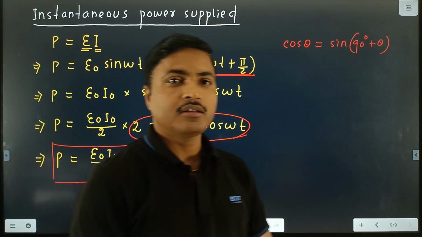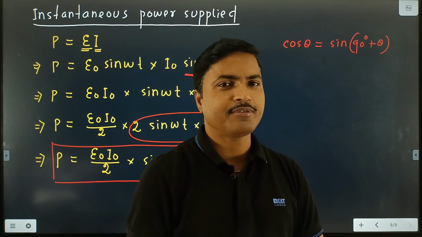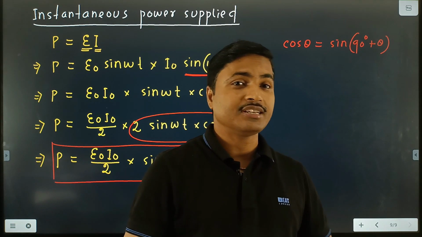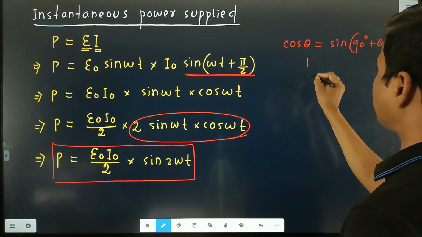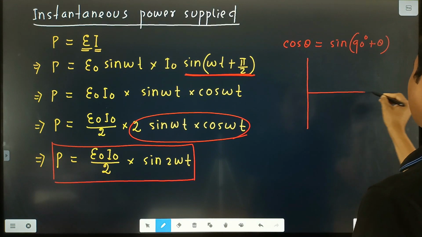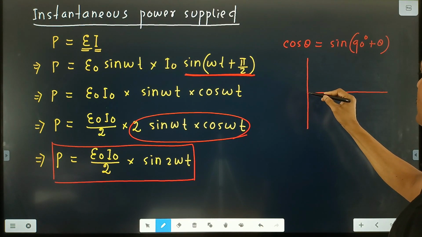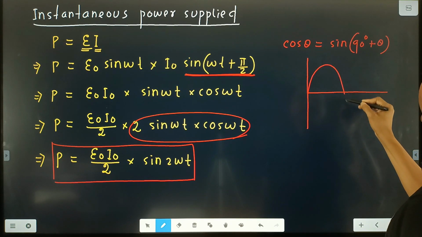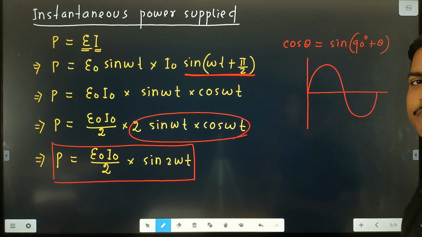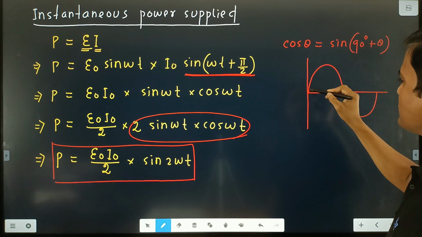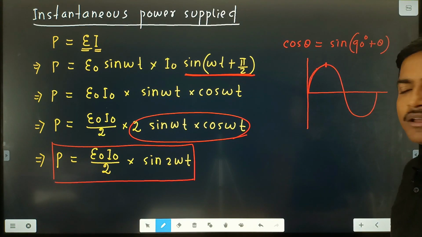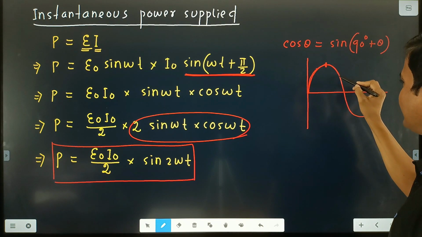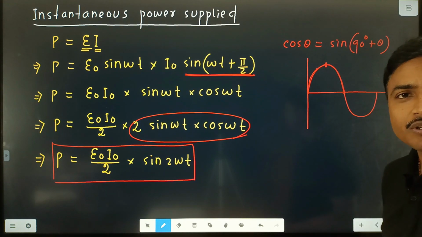Then what is the average power consumed or average power supplied? Because in an alternating circuit or AC circuit, the magnitude of the EMF is gradually changed. Here magnitude is initially increased, at this point this is the maximum value. Again magnitude is gradually decreased, at this point value is 0.